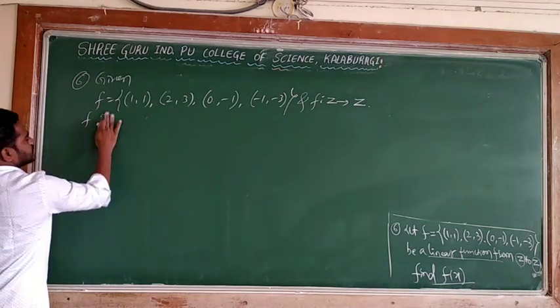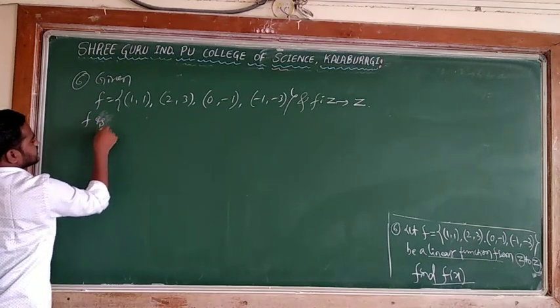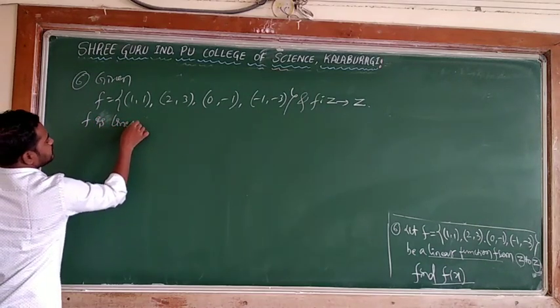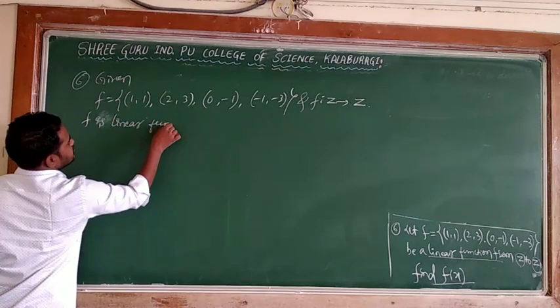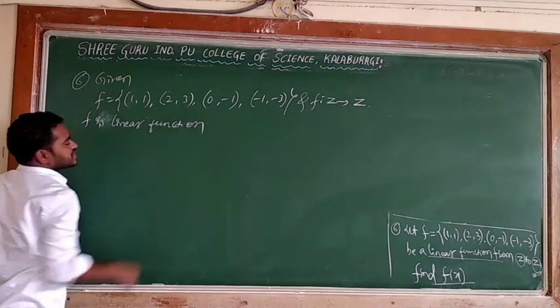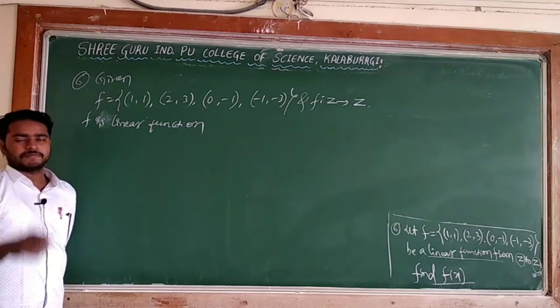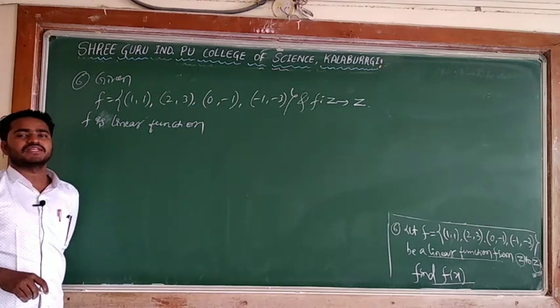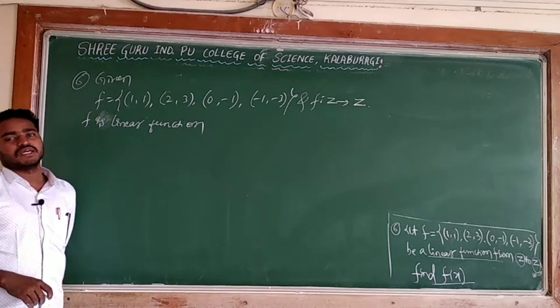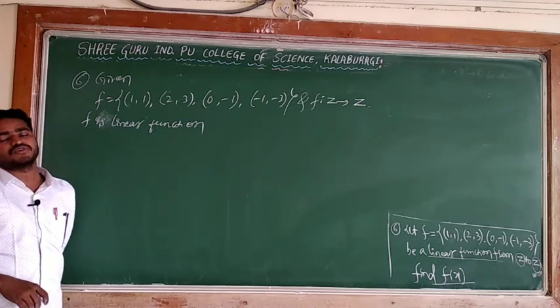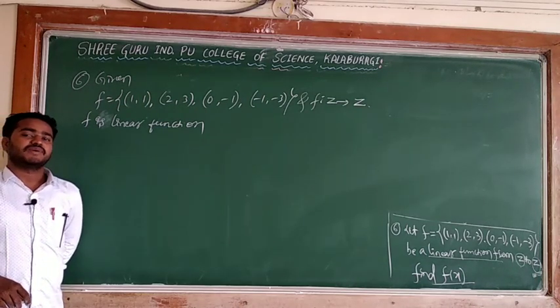But he is saying f is a linear function. Linear function means a polynomial of degree 1. In the case of polynomials, in the 10th standard you have done polynomials. An equation having degree 1 is linear.